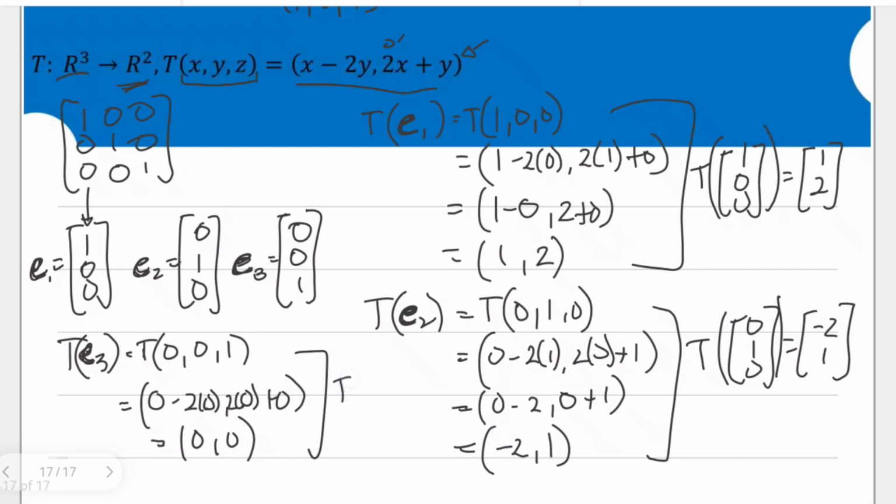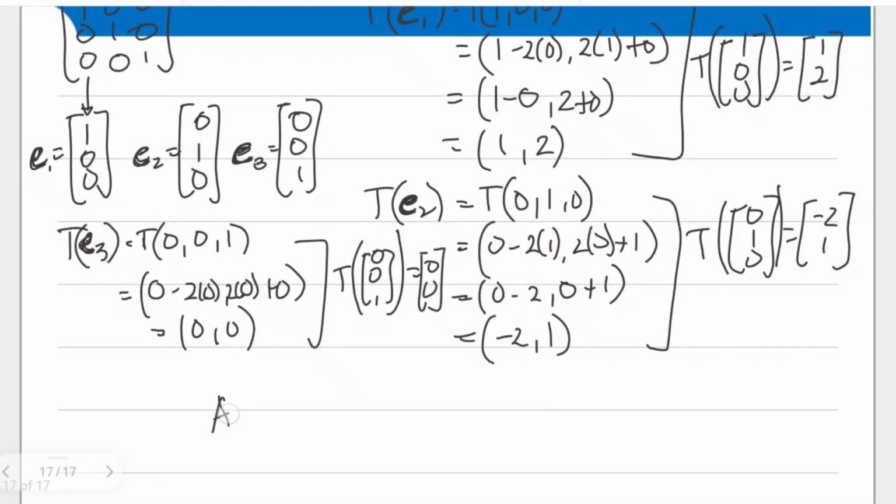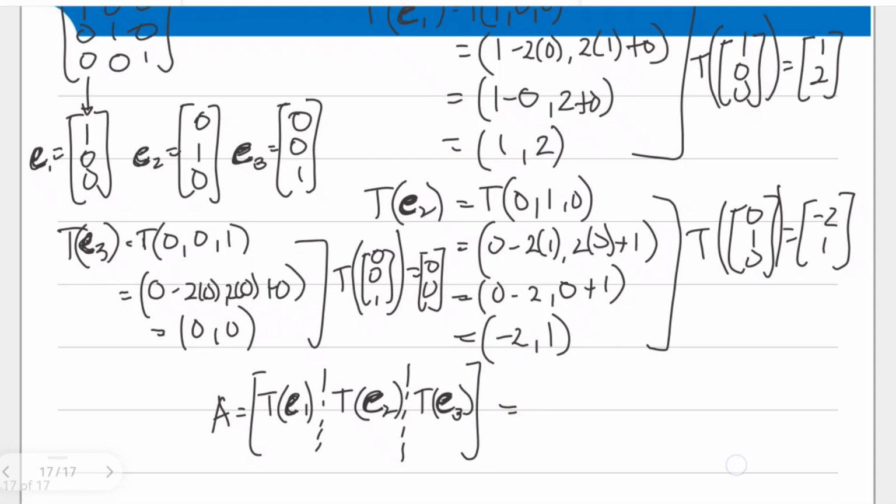The linear transformation of 0, 0, 1 is equal to 0 and 0. Combining all these three, you will have the linear transformation of e sub 1, e sub 2, and e sub 3 equal to 1 and 2, -2 and 1, and of course this final 0, 0.